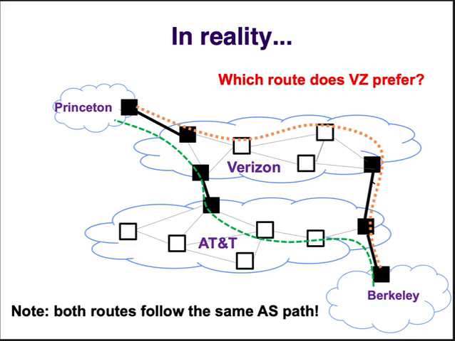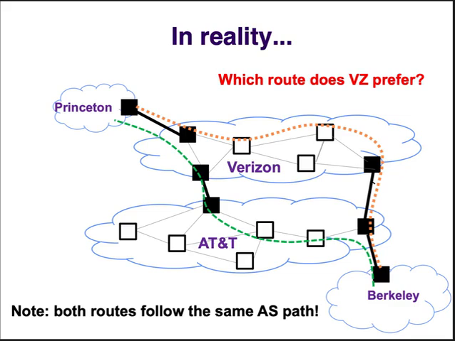In reality, Verizon would like the other way because it uses less of its bandwidth, which is an expensive commodity. It's a reasonable argument, but I was going the other way. So let's say that Verizon likes the green path, because in this case I'm saving my bandwidth.